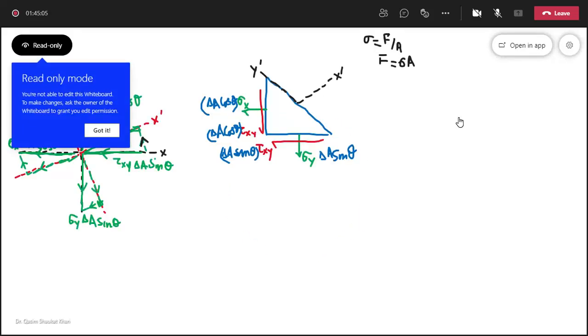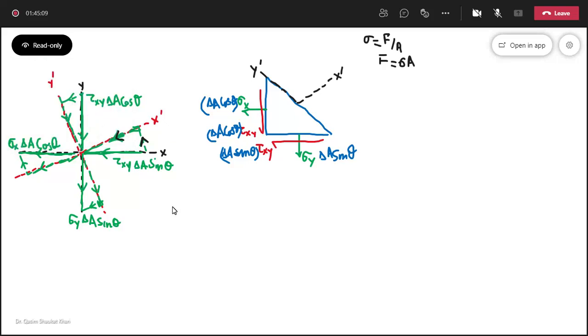About this we will have this will be basically your sigma x dash.